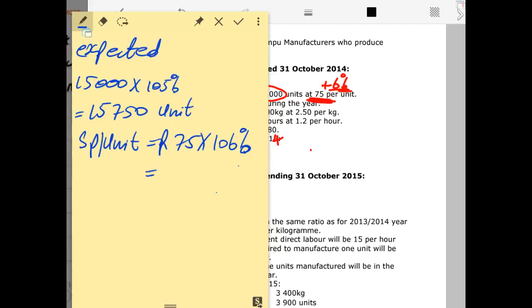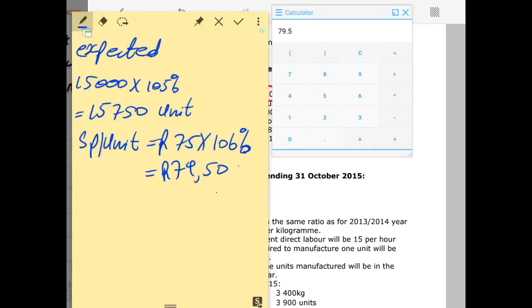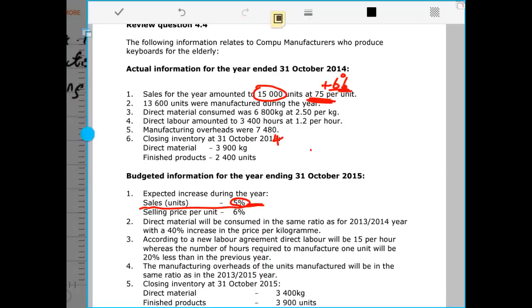Then that will be a total of 75 multiplied by 106 divided by 100. Then that will be 79 rand 50 cents as our selling price per unit.